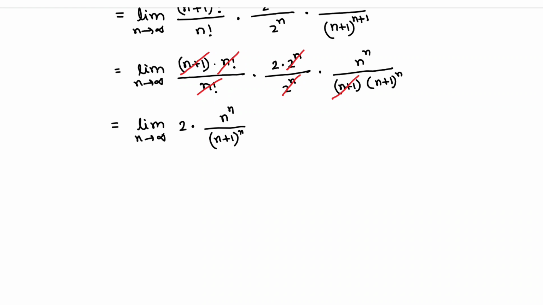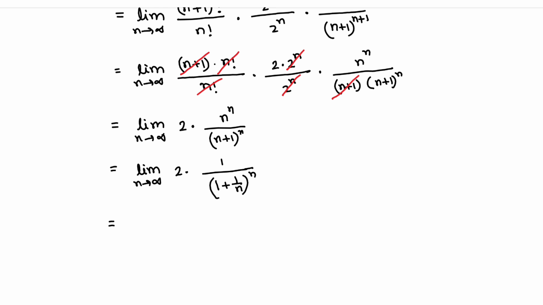Okay, now if I divide by n to the power n, so this will be limit n tends to infinity 2 into 1 by, this will be 1 plus 1 by n whole to the power n. Clear? Now what is the limit of this?